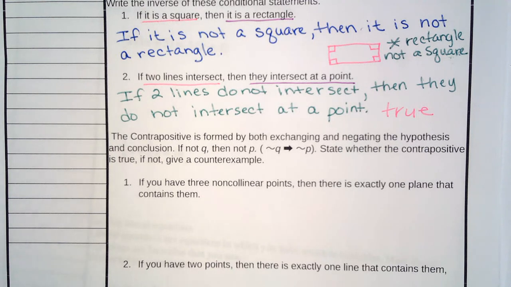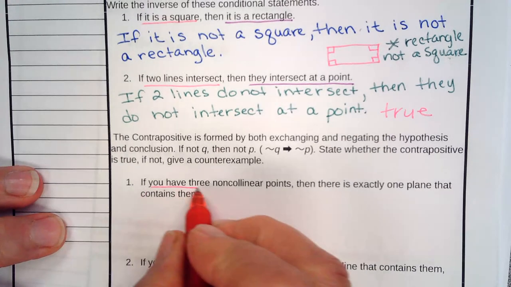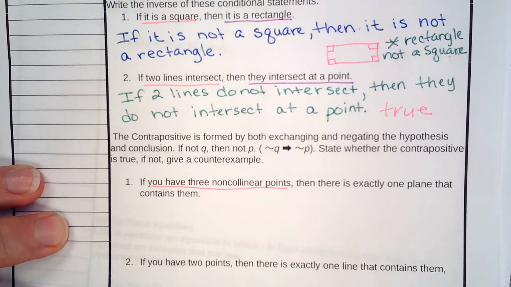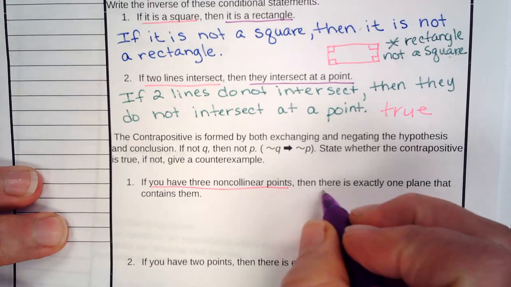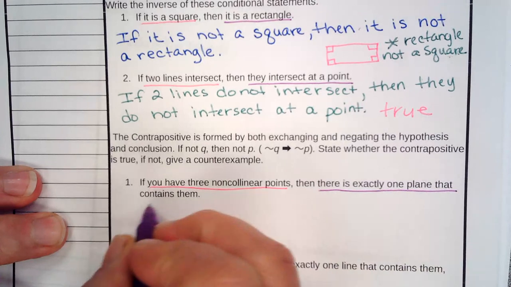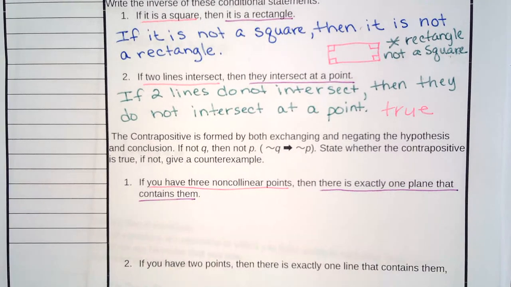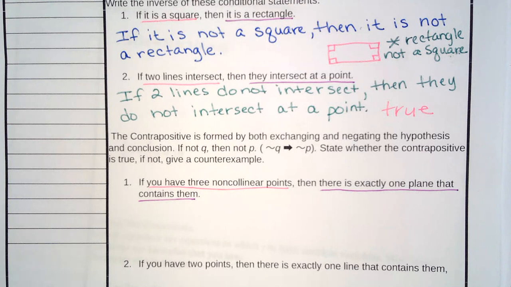Start out by underlining the hypothesis and the conclusion. So we have to change them into not. And we start with the second part.